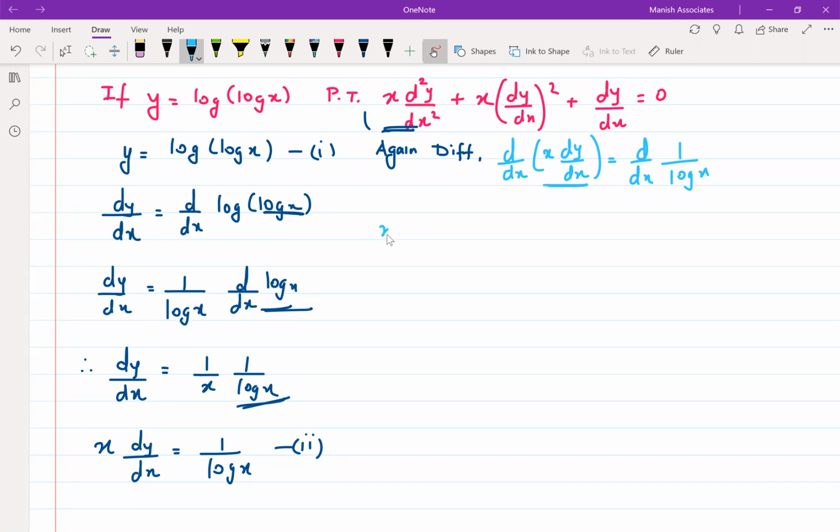So it's like x d by dx of second function, that is dy by dx, plus dy by dx into d by dx of x is equal to, now 1 upon log x ka derivative. RHS mein 1 upon log x is like 1 upon u. What is derivative of 1 upon u? It is minus 1 upon u square into what? D by dx of u, which is log x.